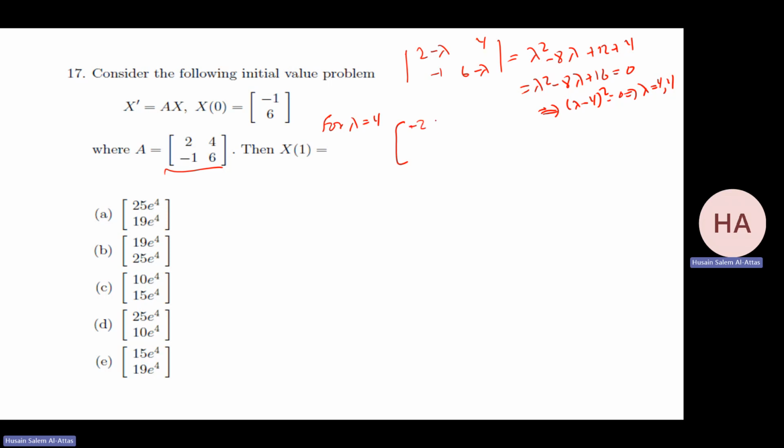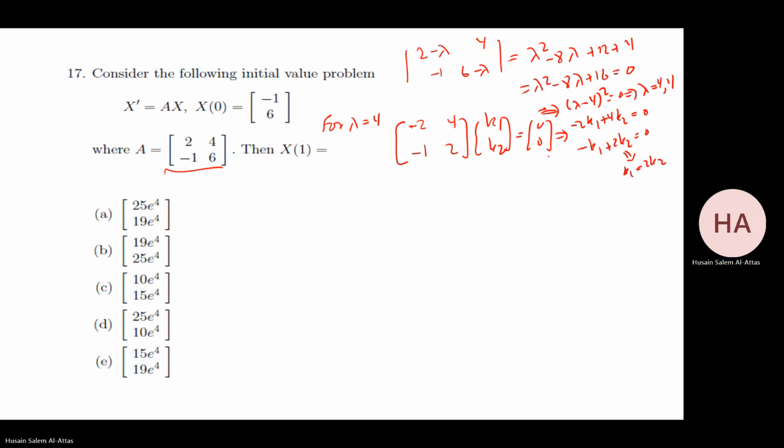Now for lambda equal 4, to be sure that I have only one eigenvector: 2 minus 4 is minus 2, 4, minus 1, 2, times k1, k2 equals 0, 0. So I have the same equation: minus k1 plus 2 k2 equals 0. I'm getting k1 equal to 2 k2.